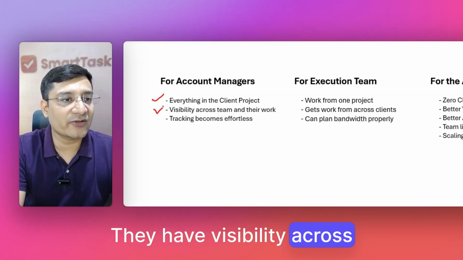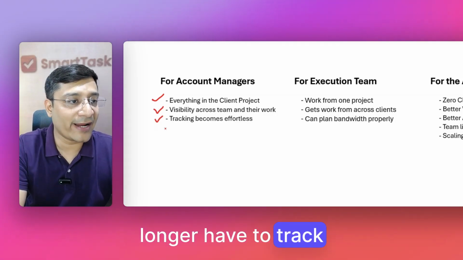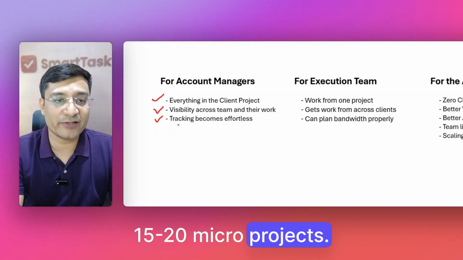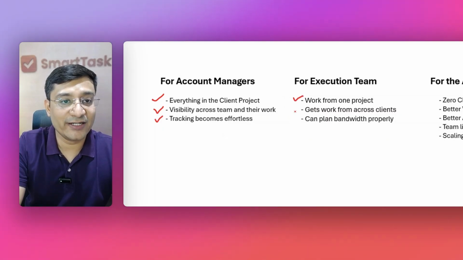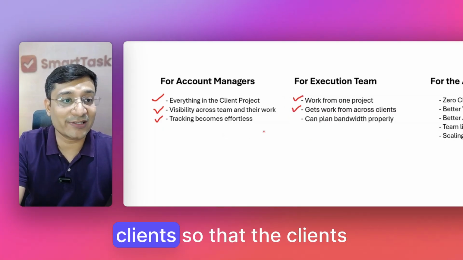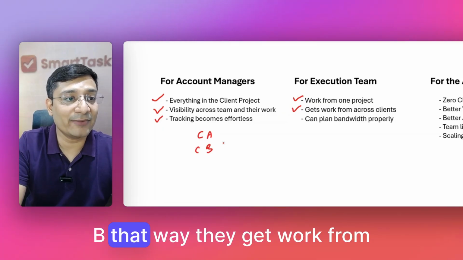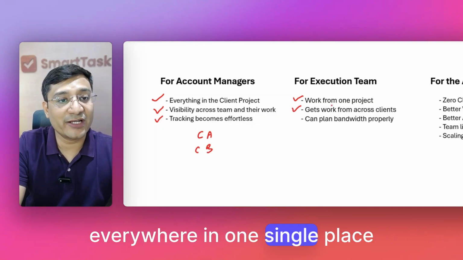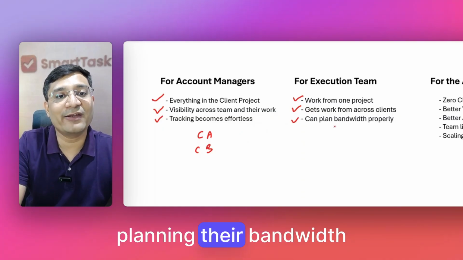They have visibility across team and work, and tracking becomes effortless because they no longer have to track 15, 20 micro projects, right? For the execution team, they can work from one project. They get work from across clients, that is the clients under the client group, client A, client B, that way. They get work from everywhere in one single place, which is the reason why they can now also start planning their bandwidth properly.